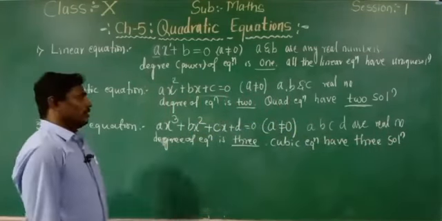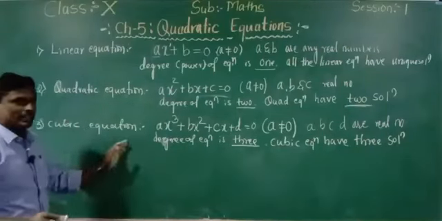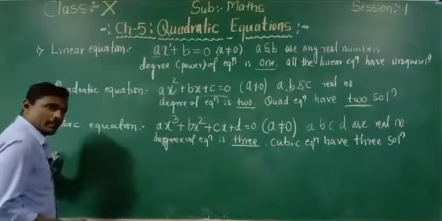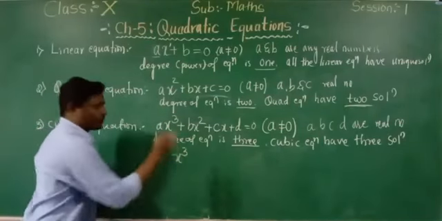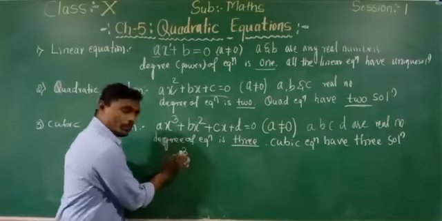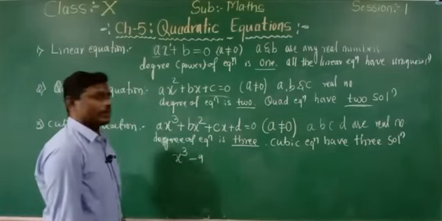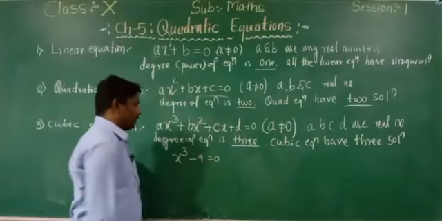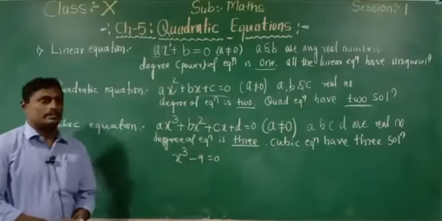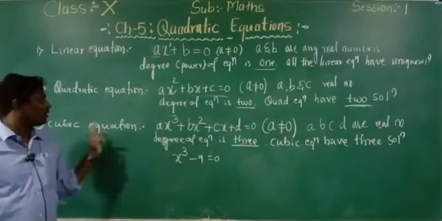Okay, next one, fourth type. Before going to the next type, can I take one example? For example, x cube minus 9 is equal to 0. This is the right example for a cubic equation.